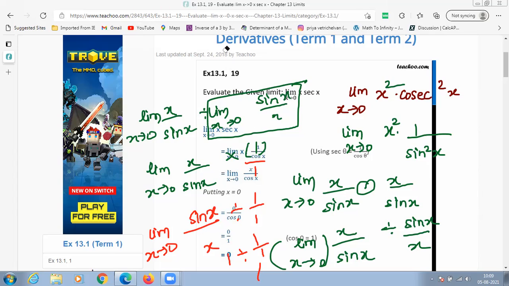In case your trigonometric ratio contains the degree value as 2, try to write this expression's value also as 2, like try to keep this degree value the same as that of your trigonometric degree. That will be convenient. Are you able to understand what I'm trying to say? Yes, ma'am.